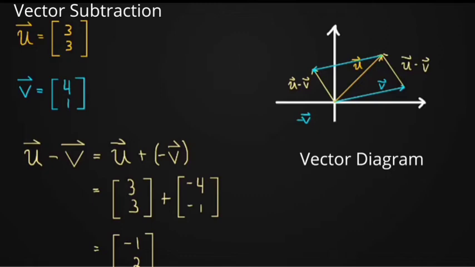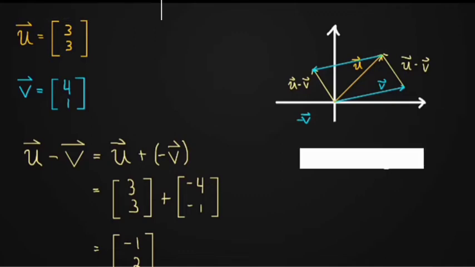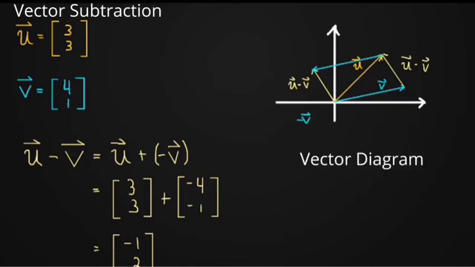Now, to solve further, we need to understand that plus multiplied by minus is minus. Therefore, 3 plus minus 4 is equal to minus 1, and 3 plus minus 1 is equal to 2. Therefore, vector u minus vector v is equal to minus 1 and 2.